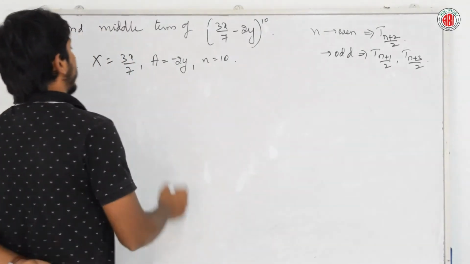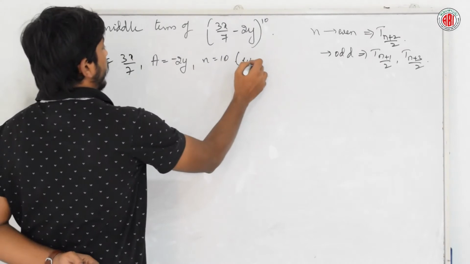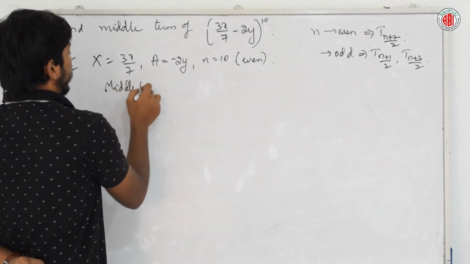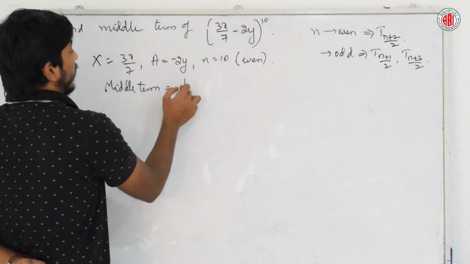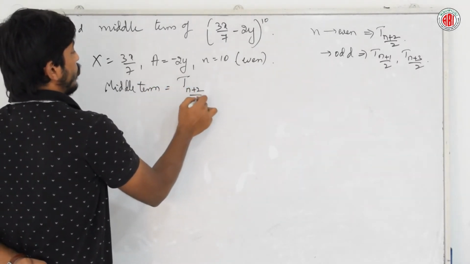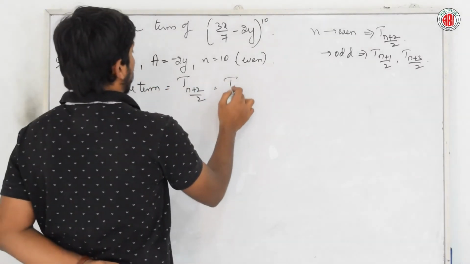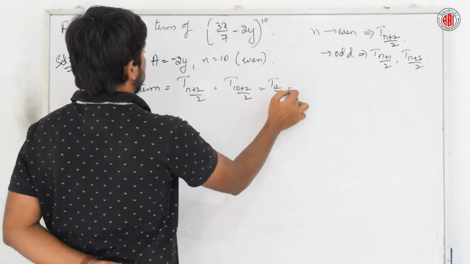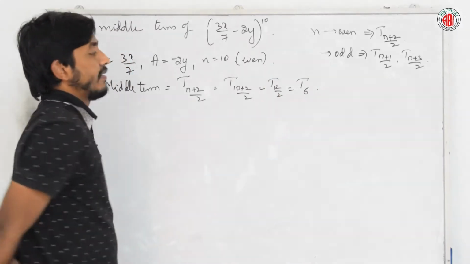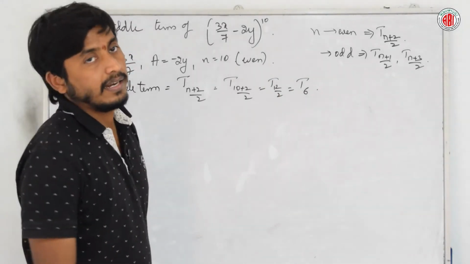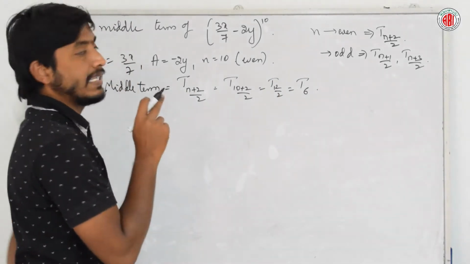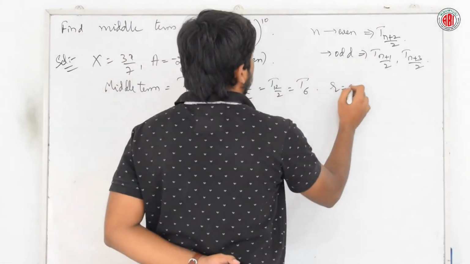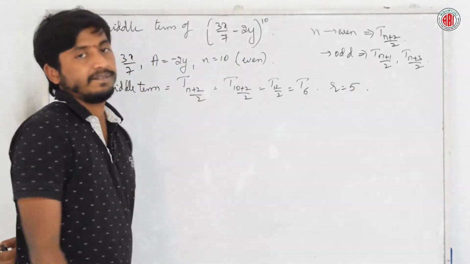Then since n is even, the middle term will be T n plus 2 by 2, that is T 10 plus 2 by 2, that is T 12 by 2, which is T 6. Is it right? To find T 6, what could be the value of r? We will take r as 5.